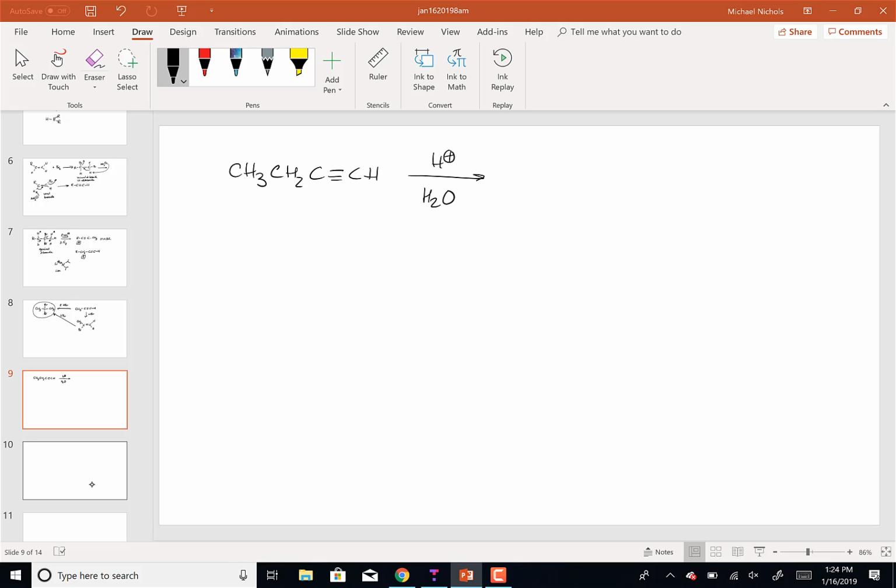All right, let's go back to the basics. Triple bond plus H plus H2O. What am I adding to the triple bond? What two things? H and OH. How? Markovnikov, anti-Markovnikov. Markovnikov.